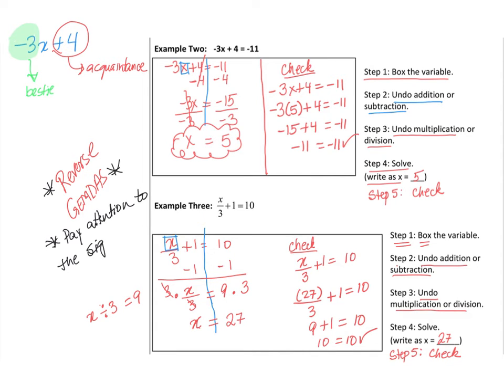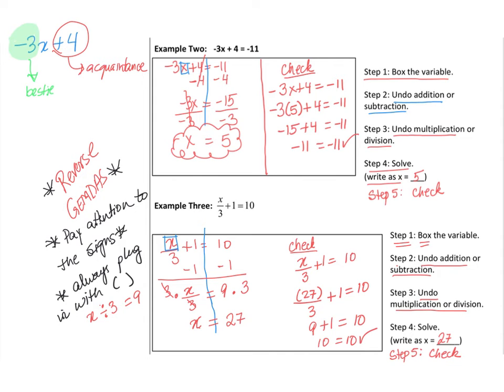That's really important. And then also, please, when you're doing the check, always plug in with parentheses. It really will help you avoid some errors when we're dealing with negative numbers.